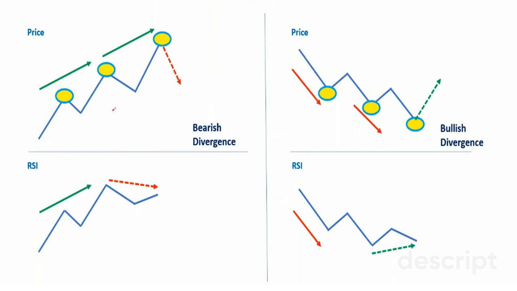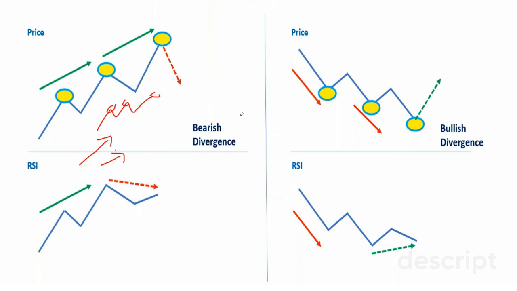Classical divergence is what? If the price is making higher highs and the indicator is also making higher highs, that means the speed at which the car is moving, the velocity, is increasing both in terms of price and indicator. But what happens when the price is making a higher high and the indicator is making a lower high?